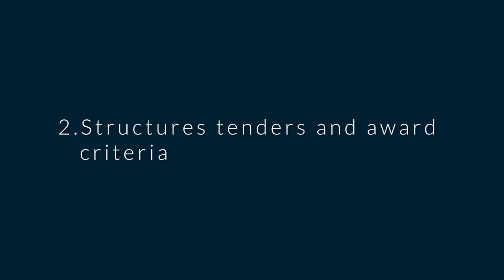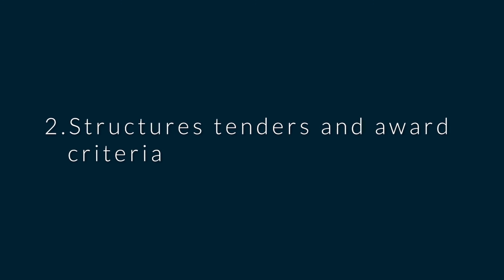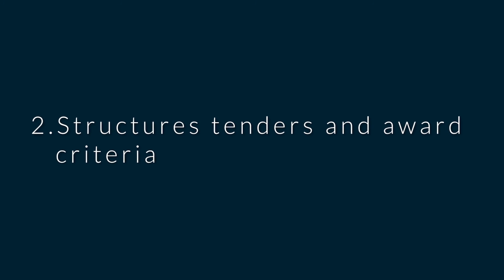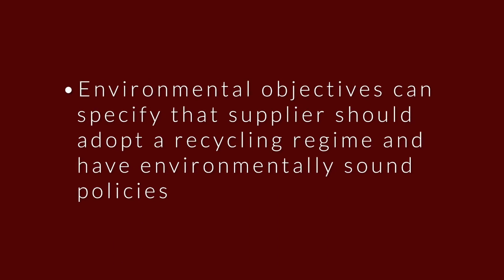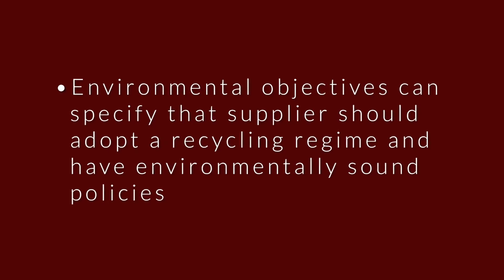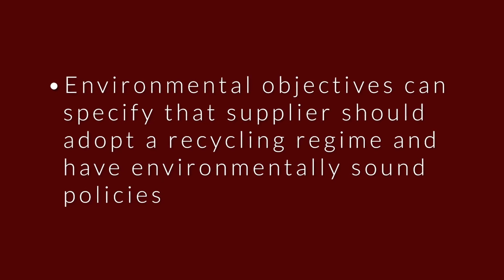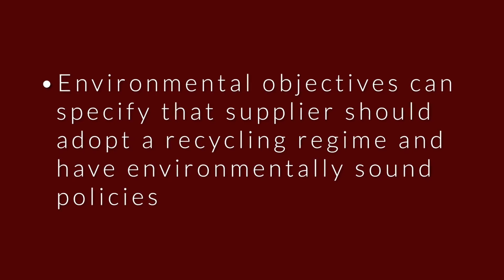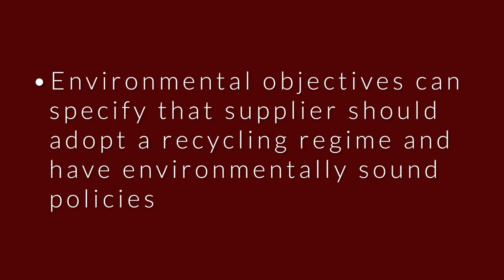So how do they help? Number 1, through the way they create specifications. Number 2, structure tenders and award criteria. The thing you have to understand about award criteria when dealing with not-for-profit organizations is that their criteria can be different. For example, an environmental objective can specify that suppliers should adopt a recycling regime and have environmentally sound policies.